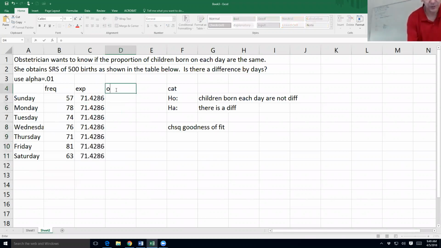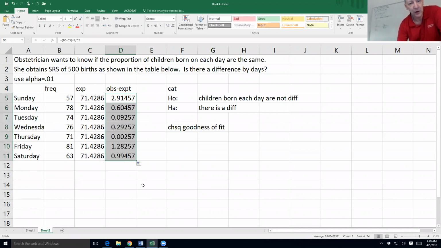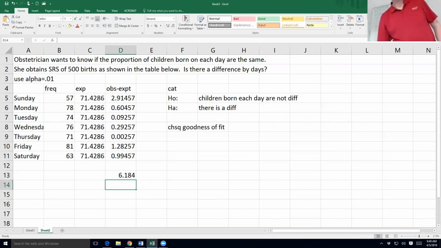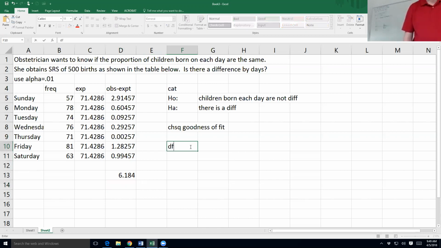Okay, so we're going to do the observed minus the expected squared, etc. It equals, use parentheses or you'll mess this up, observed minus the expected squared divided by the expected. Okay, I'm going to copy that down. I'm going to find my sum, 6.184. I also need my degrees of freedom, right? What's my degrees of freedom? 6 times 1 is 6.